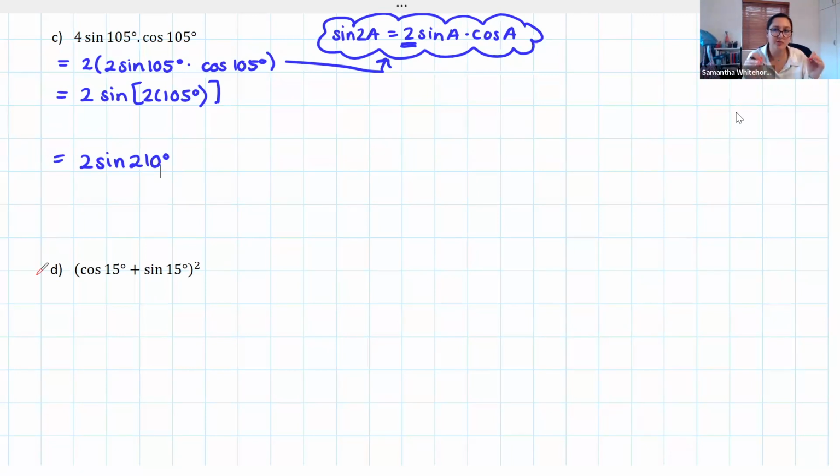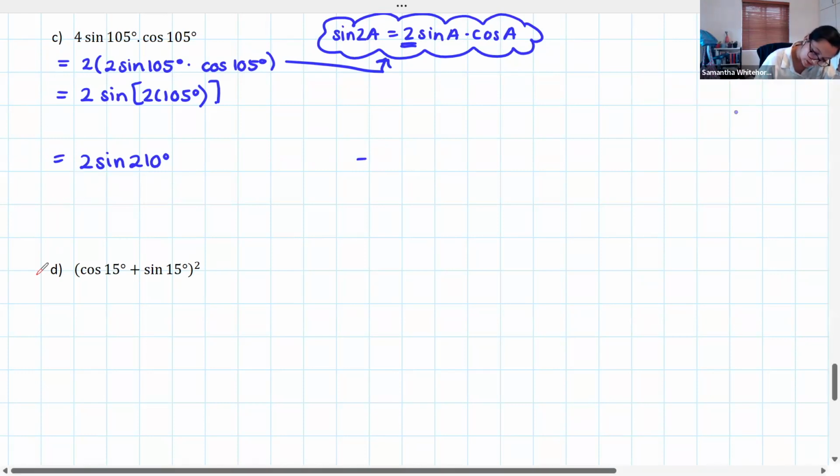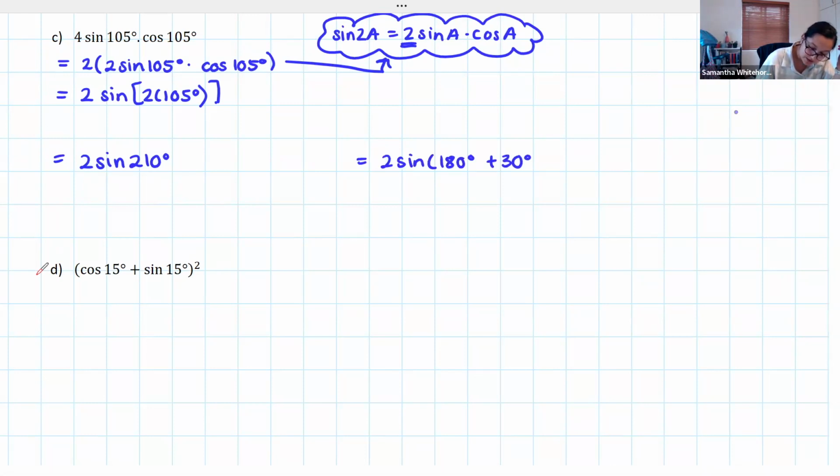So if I can avoid a co-ratio, I'm going to do that. In this case, I can avoid a co-ratio. So I can actually say 2 sine of 180 plus 30, which will give me that 210 degrees.